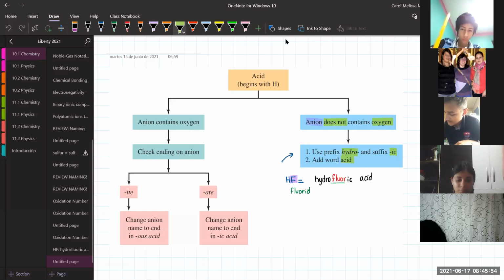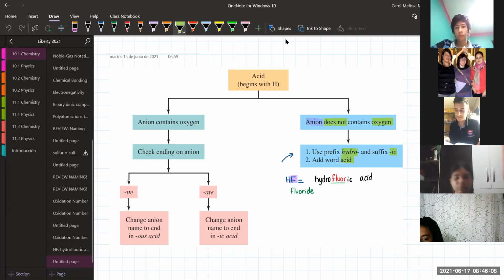Now you can also use the mnemonics for ITE, that is the first mnemonic, which says, my right has hydraulics.